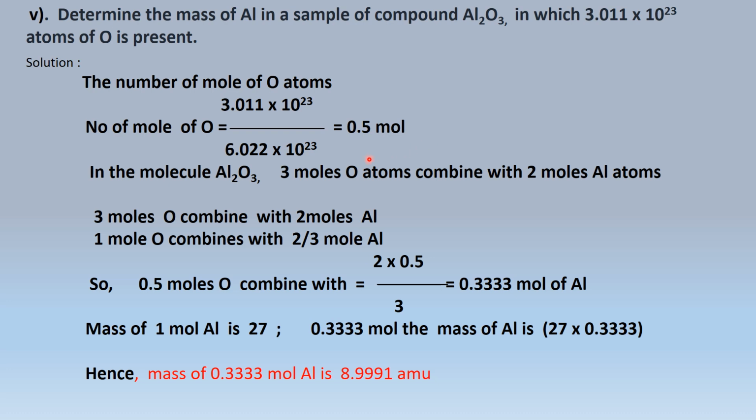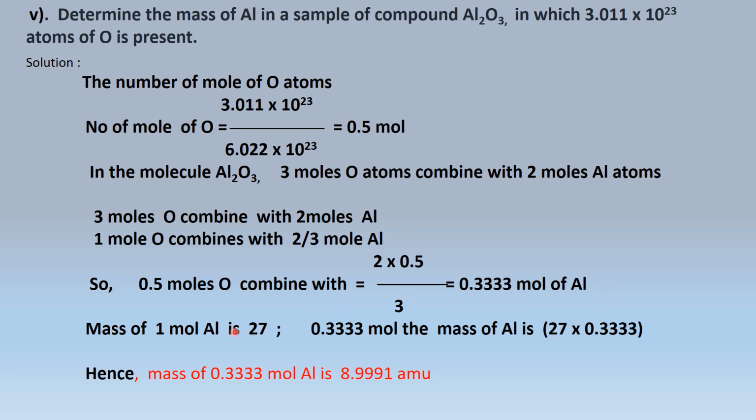In the molecule Al2O3, 3 moles of oxygen atoms combine with 2 moles of aluminium atoms. So 1 mole of oxygen combines with 2 by 3 mole of aluminium. So 0.5 mole of oxygen combines with this much mole of aluminium.